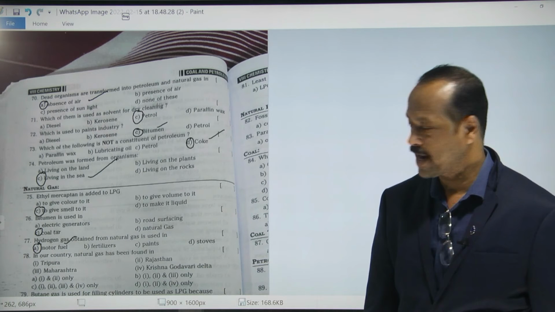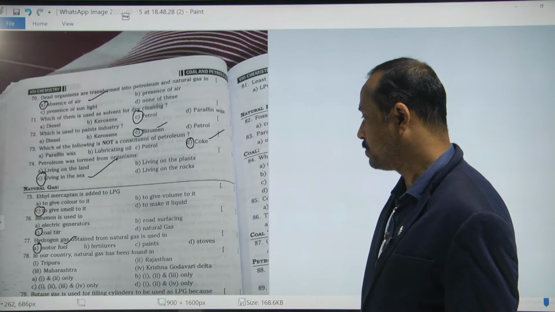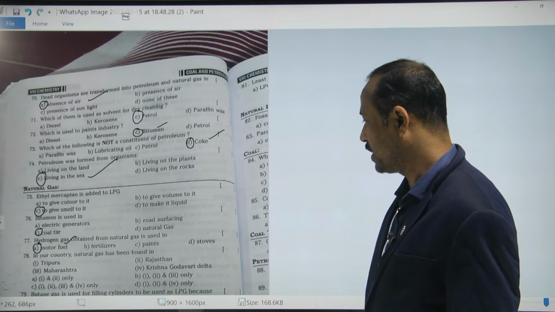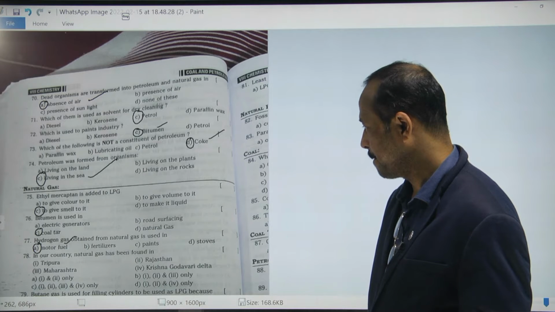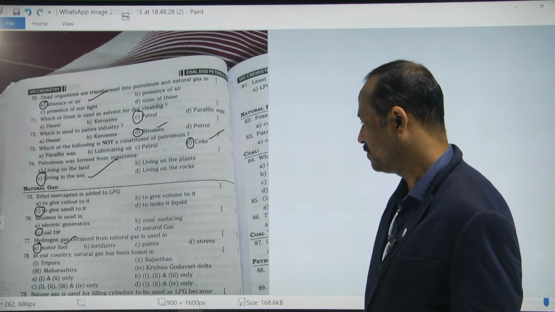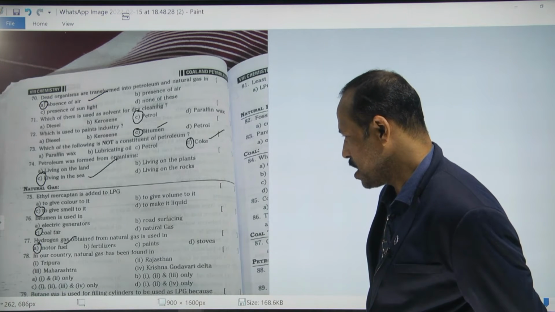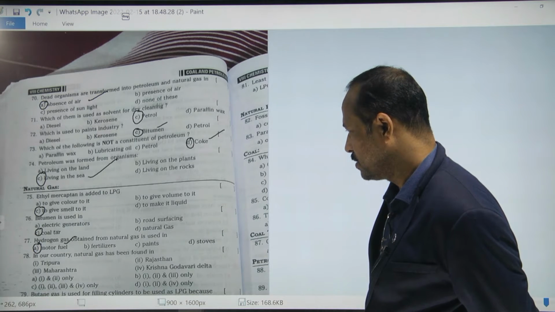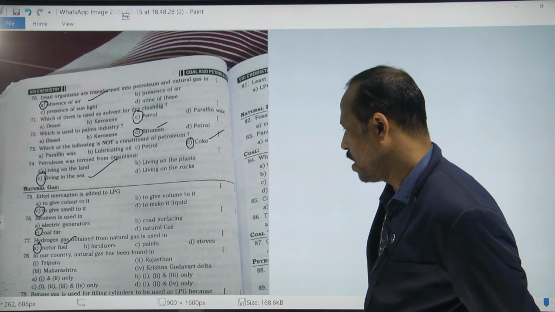Right. Now next, in our country natural gas has been found in. Which places can we find natural gas deposits? Krishna Godavari Delta, yes. Tripura. Okay, next. In Rajasthan also, yes, I think.